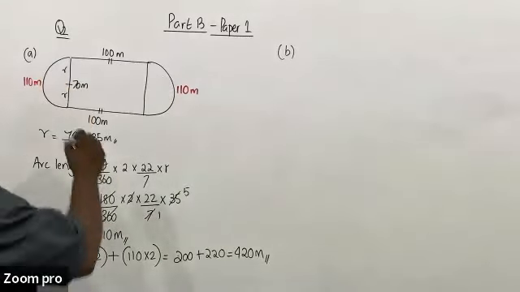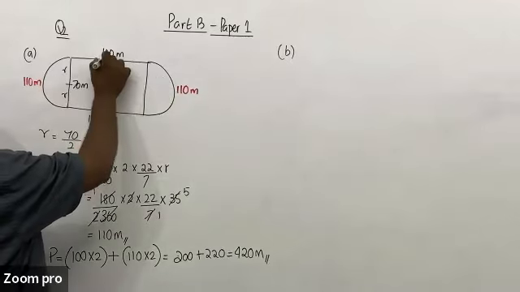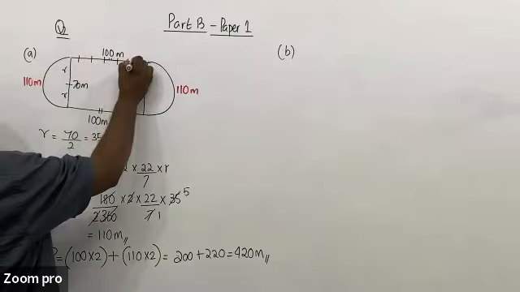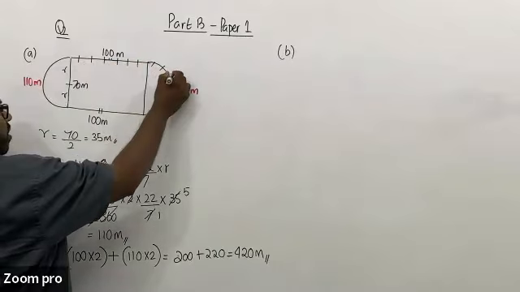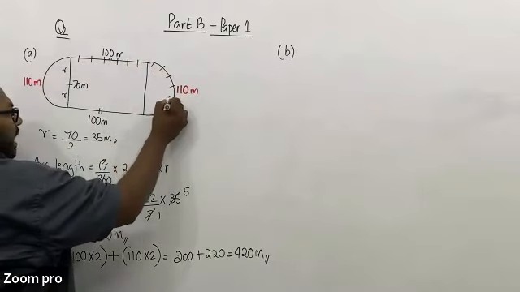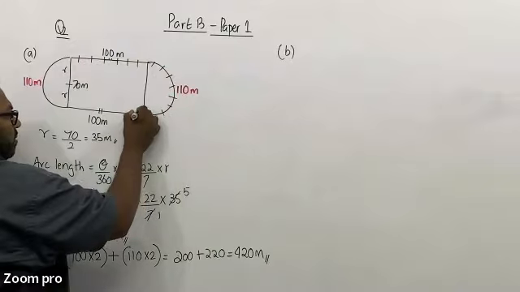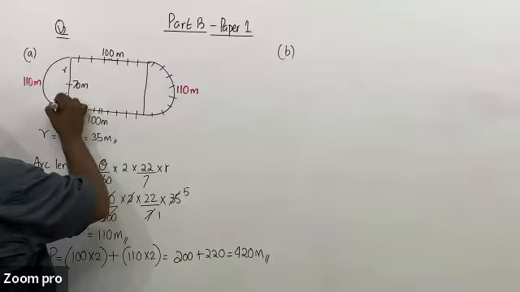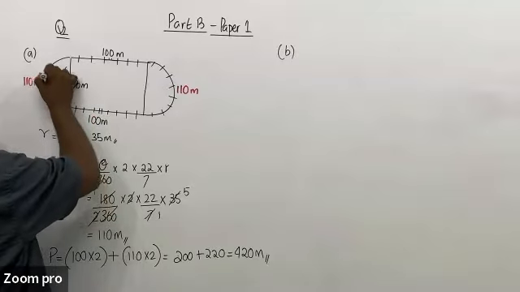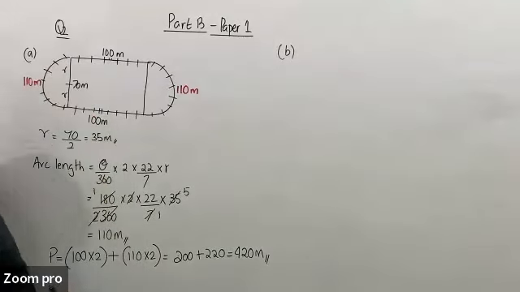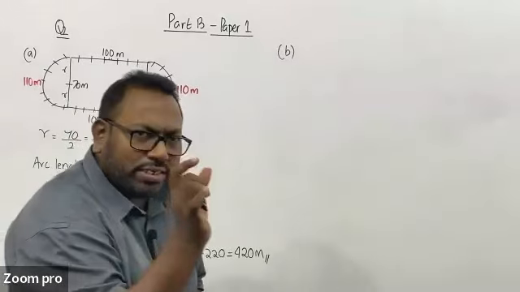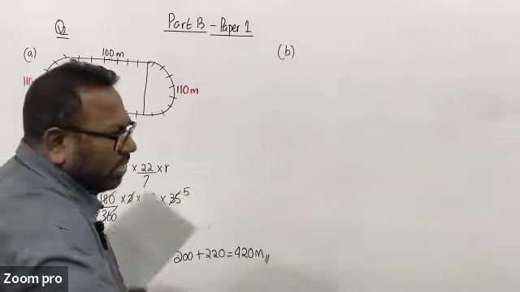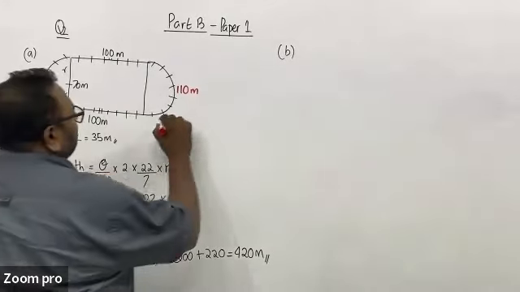So basically they are going to put posts like this around the boundary of your land. And the distance between two posts, they are saying, is 7 meters.